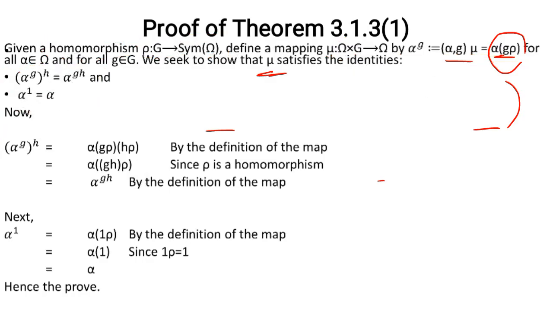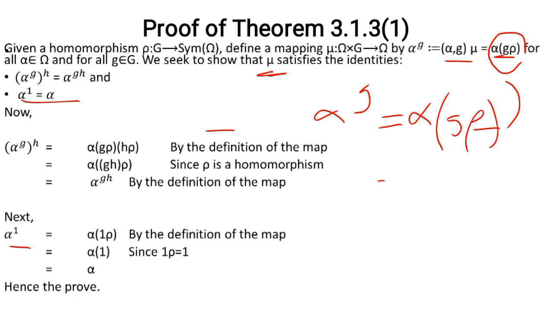We need to prove the second identity. For the second identity, it says we should look for alpha 1 equal to alpha raised to power 1 equal to alpha. Now alpha raised to power 1, by definition, if we have alpha G, it is the same as alpha G rho. So what will alpha 1 be?